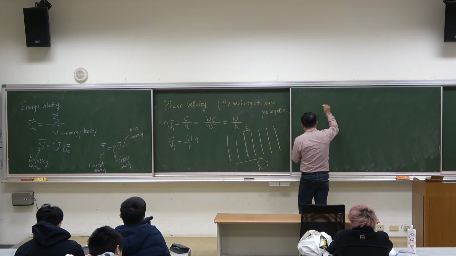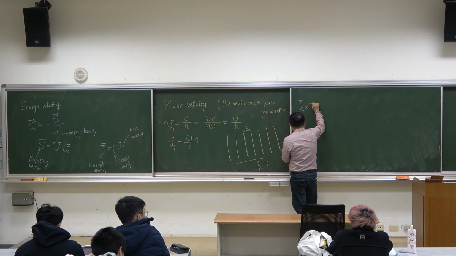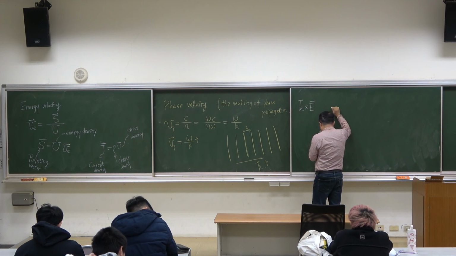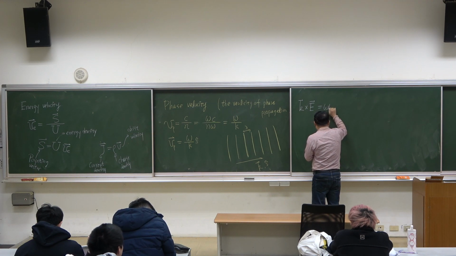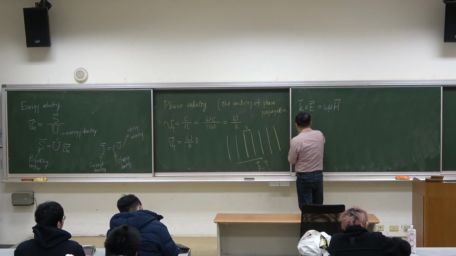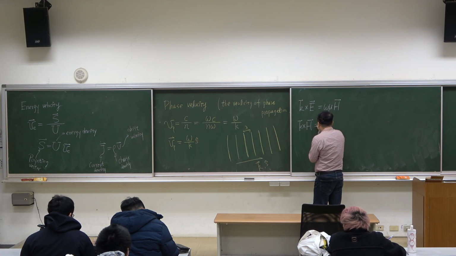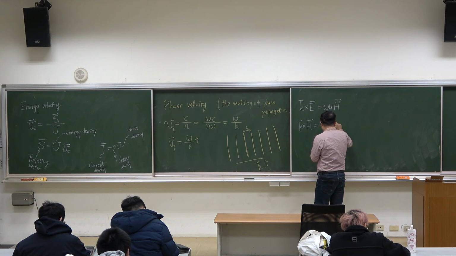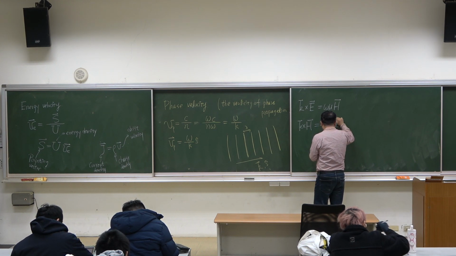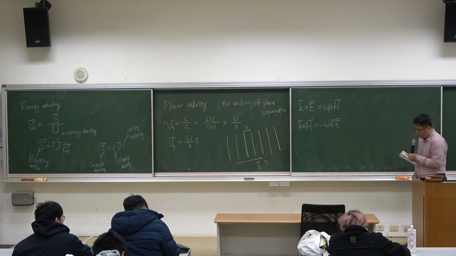We already know that for plane wave we have K cross E equal to omega mu h, and K cross h is equal to minus omega epsilon E. Okay, we have these two equations.